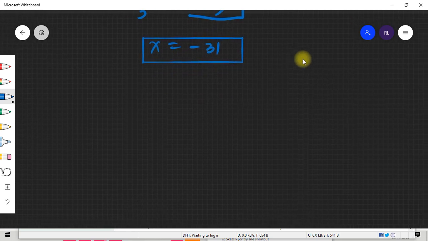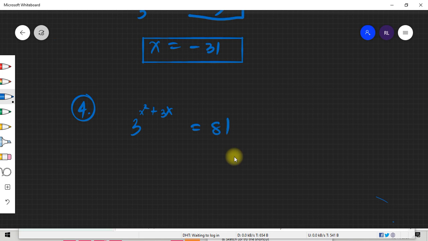Okay, number 4. Let us say 3 raised to x squared plus 3 raised to x squared plus 3x, then equals, let's say, 81.